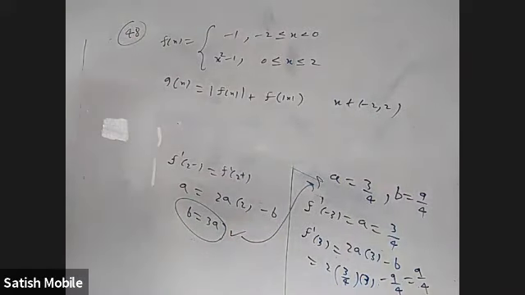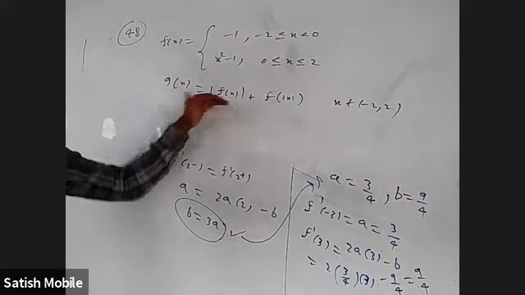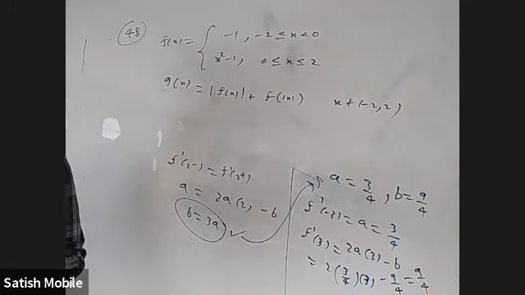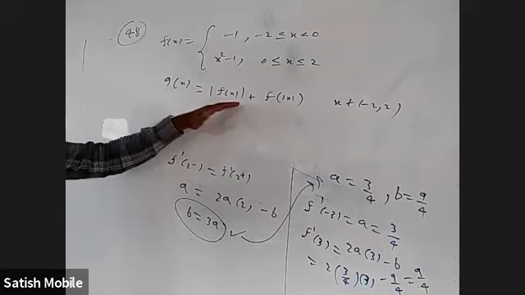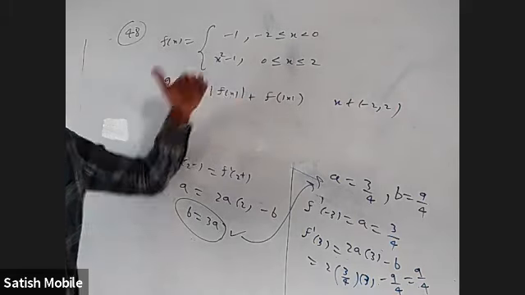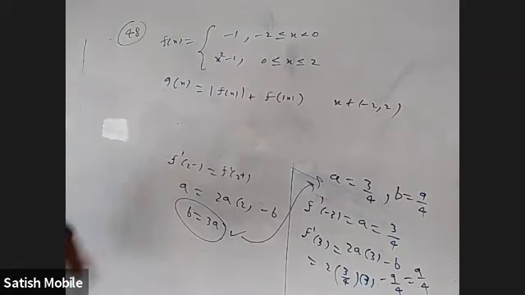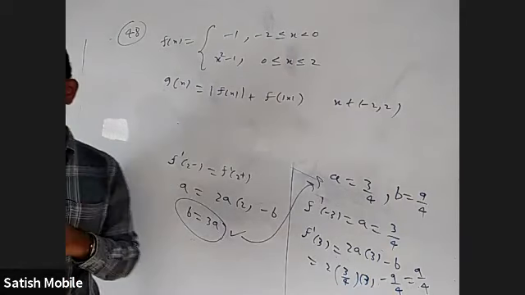Okay. So they want us to discuss the differentiability of this at different points. I can actually write the total g of x at different cases, what it is. I may have to take this further. But first of all, I want to understand this separately, this separately. Let us see what happens.